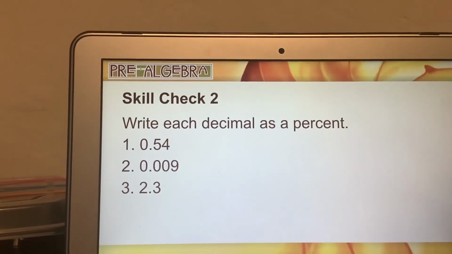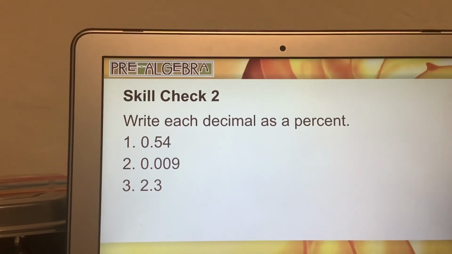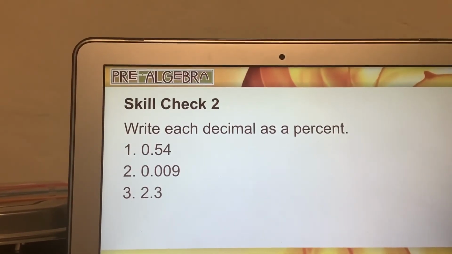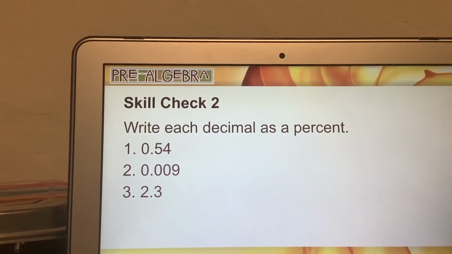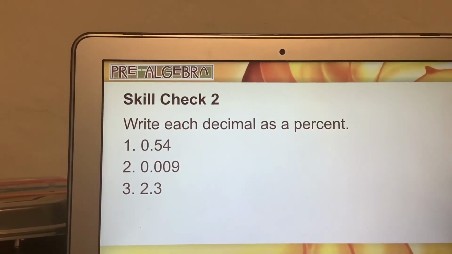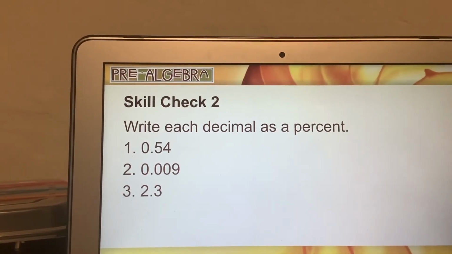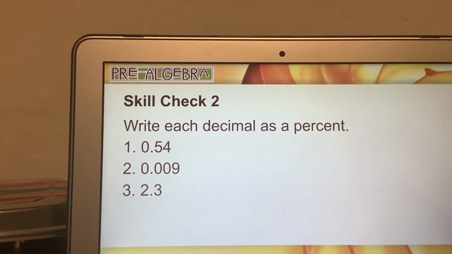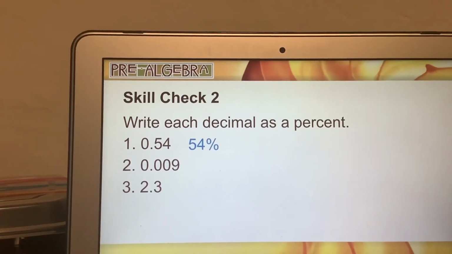All right, let's take each of these decimals and convert them into a percent. 0.54, I'm going to multiply that by 100%. So 0.54 times 100% gives me 54%.